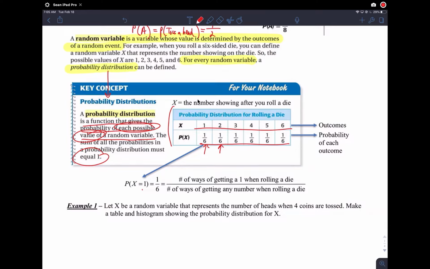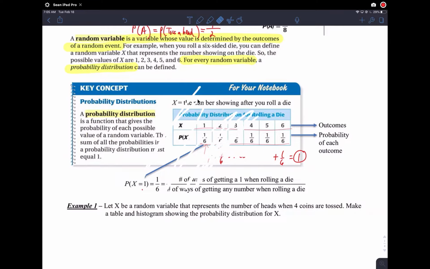And when you sum them all up, 1/6 plus 1/6, 6 times, you must get 1. All right? That's the other requirement of a probability distribution. Each outcome must be between 0 and 1 probability, and the sum of all of the outcomes' probabilities must be 1.